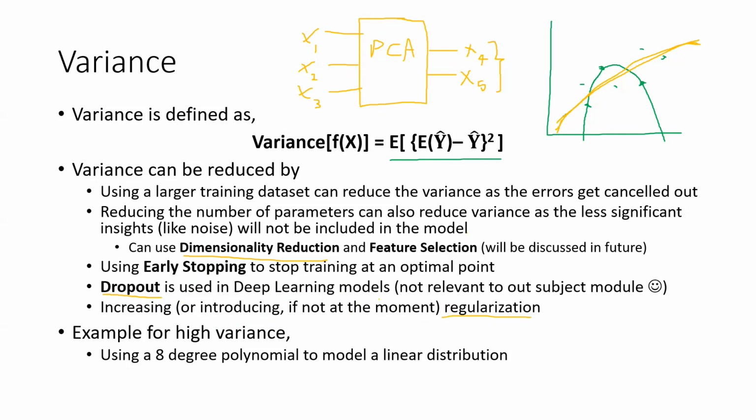Right. So in dropout, what happens is, in neural networks, you have several layers of neurons, and they are connected with each other. These are layers, and these dots are individual neurons.